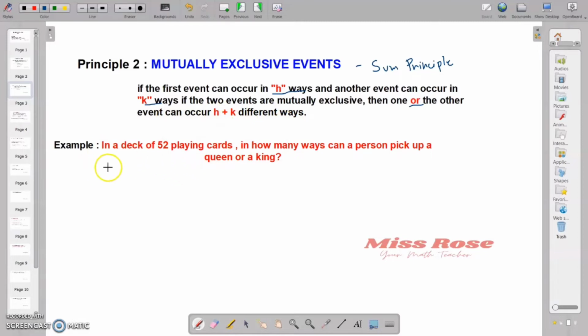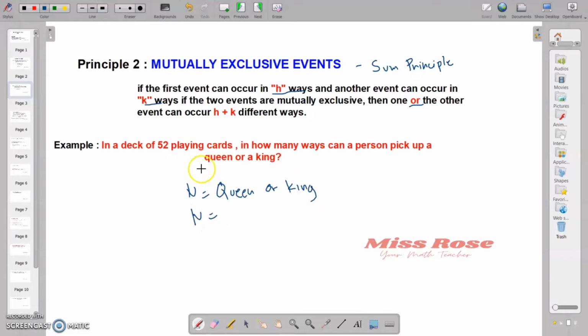So example, in a deck of 52 playing cards, in how many ways can a person pick up a queen or a king? This event is mutually exclusive since there is no card which is a queen and at the same time a king. So n equals queen or king.